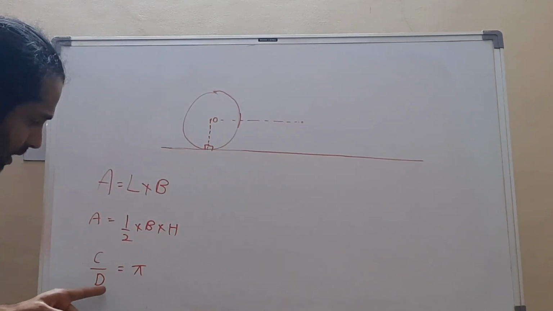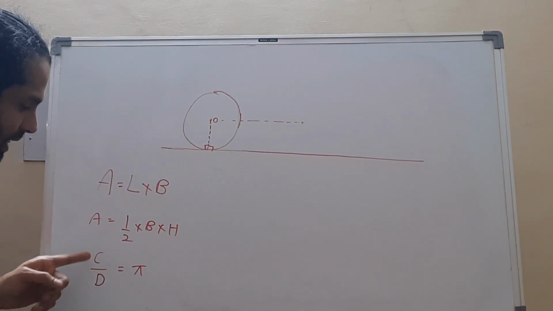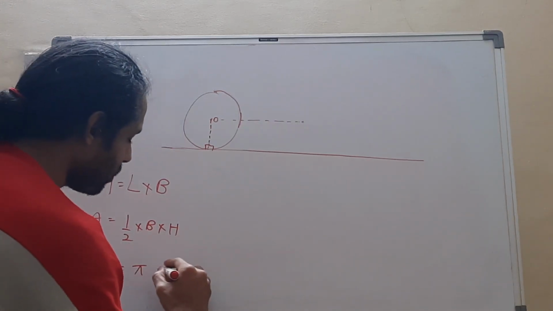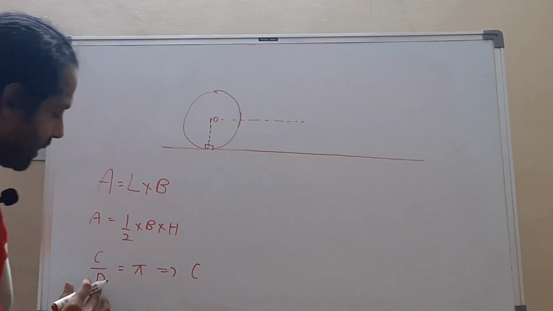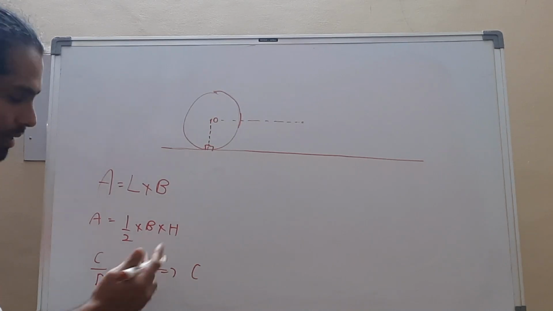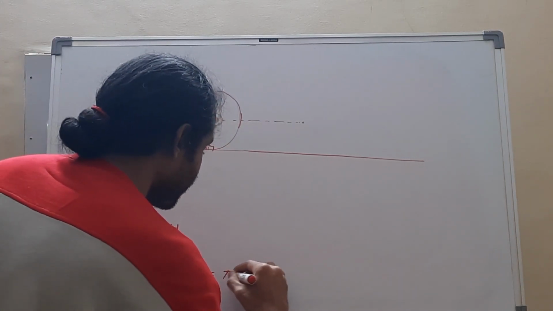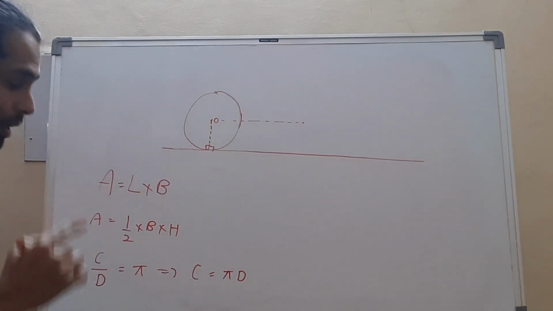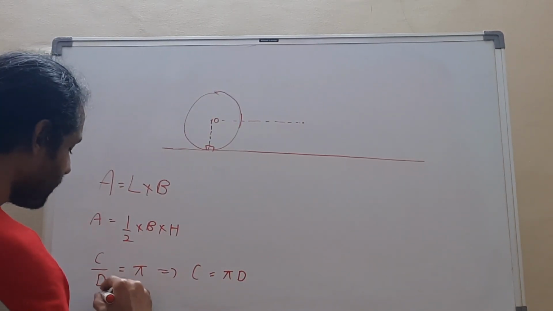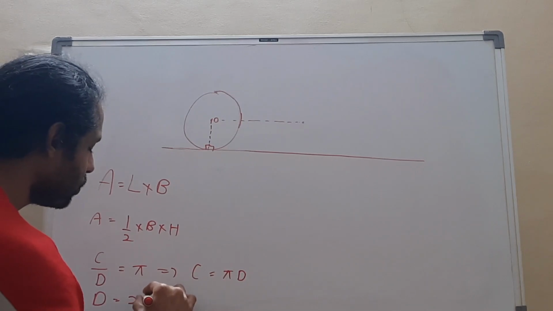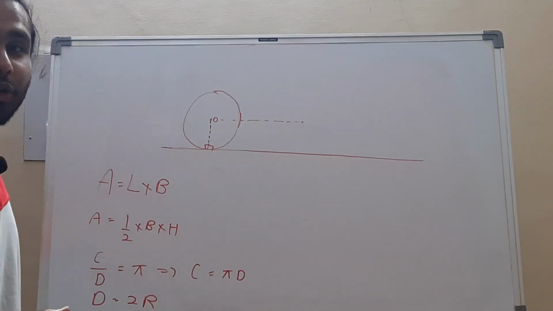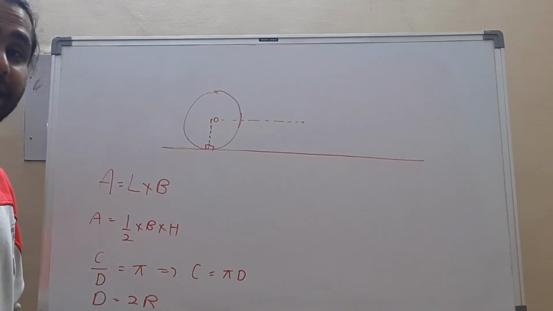Before we do that, let's rearrange this a little bit. Instead of saying C by D is equal to pi, another way of saying the same thing is I can bring the D to this side, division on one side becomes multiplication on the other. So I can say C is pi D. And you also remember that the diameter D is twice the radius.